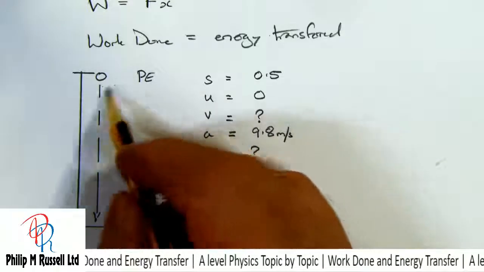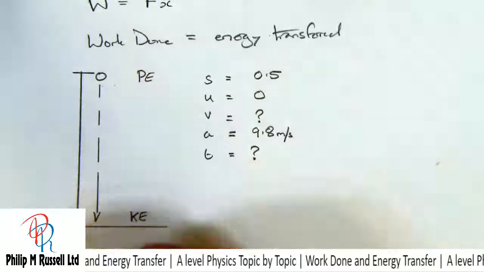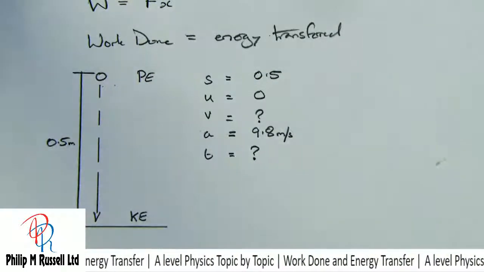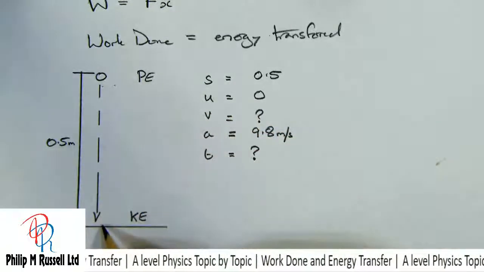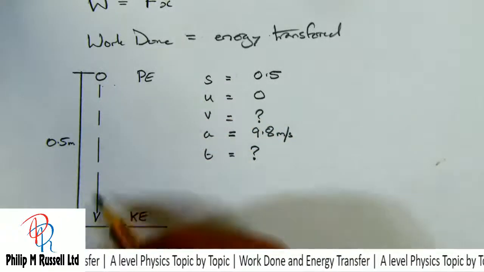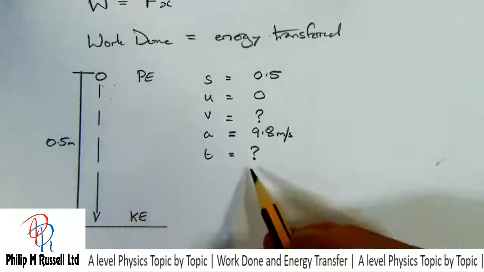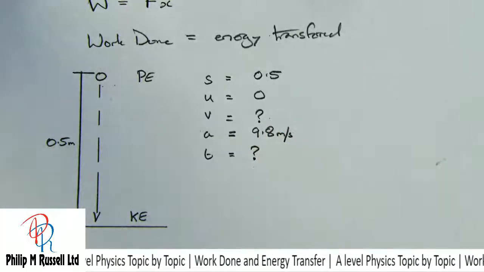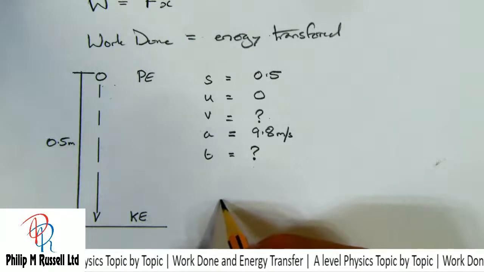So if we take the fall by gravity machine, this has a height of 0.5 meters, and if we drop this, we can do the timing. We can actually work out the time taken to drop this ball. Well, if I know that, then it's possible to work out what v is going to be. We've got various equations.